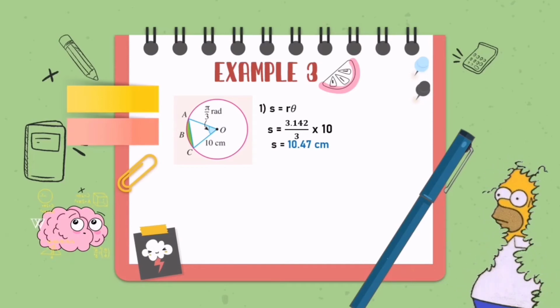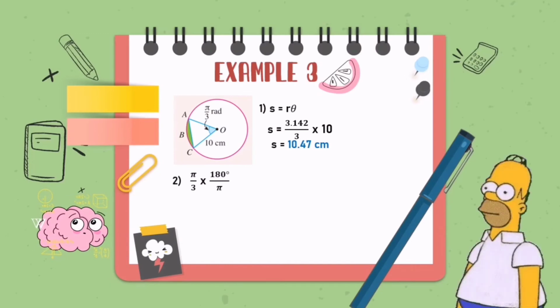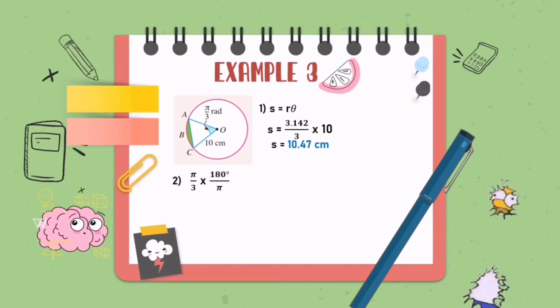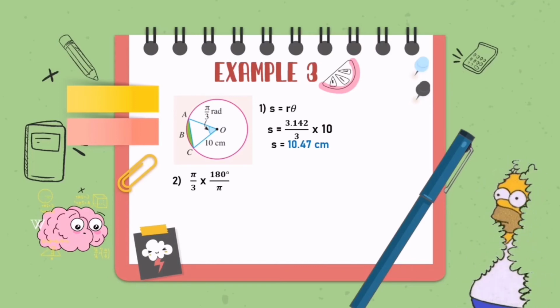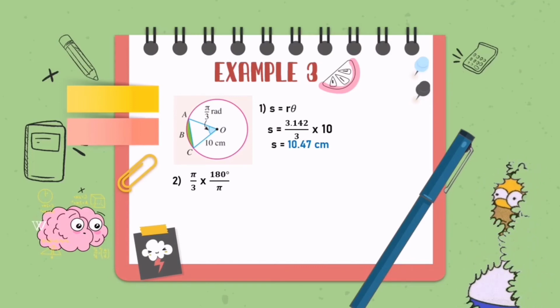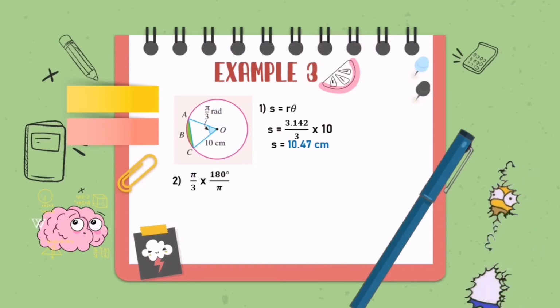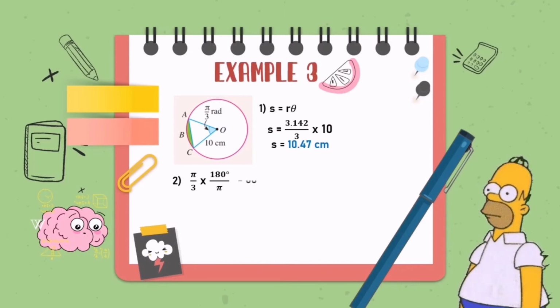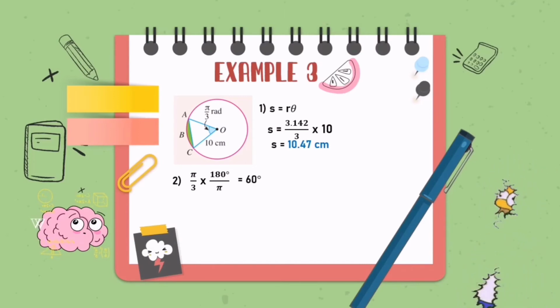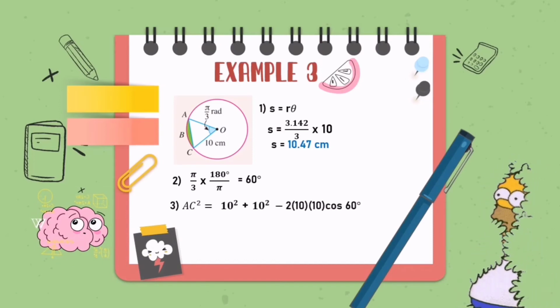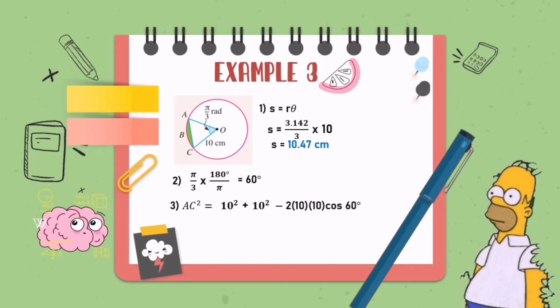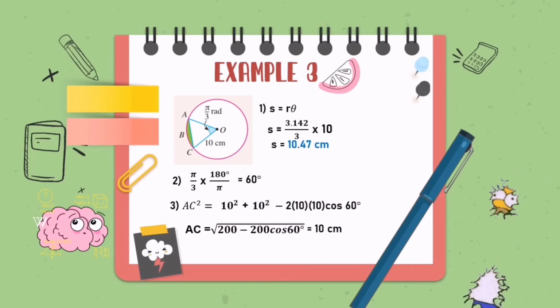Next step, before we calculate the length of AC, don't forget we need to change the rad into angle first, because the cosine rule needs the angle, not rad. Simple, we just multiply it with 180 over pi and we get 60 degrees. Just substitute it into the formula. Press your calculator. The answer is 10 cm for length AC.